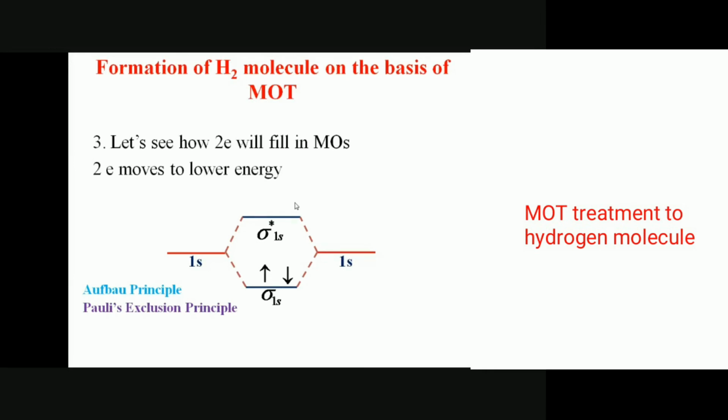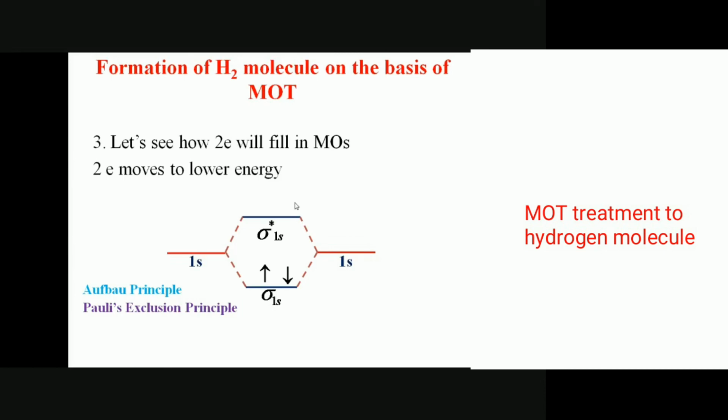energy level. The lower energy level will be termed bonding, whereas the higher energy level will be termed antibonding. Then the filling of electrons, because we have to manage the two electrons from two different hydrogen atoms. When they mix, we have to take care of how to fill the two electrons. So we take the help of two classical principles.